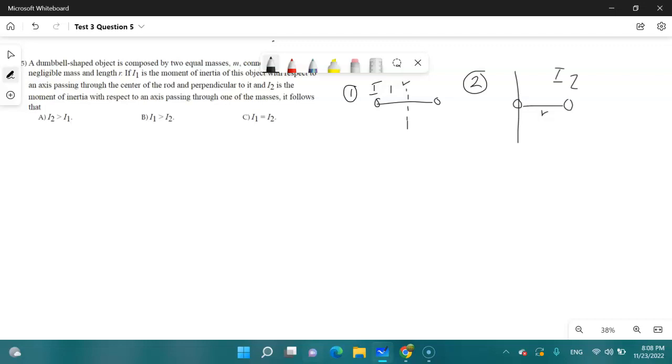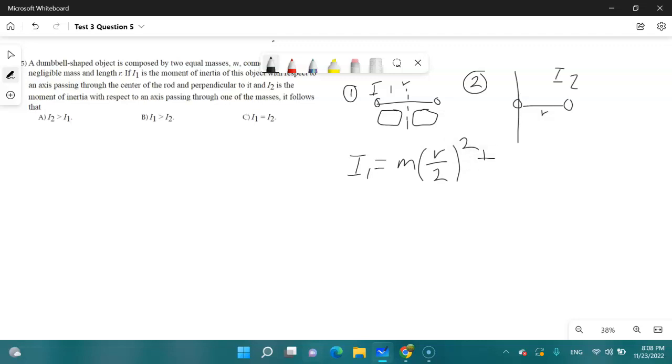So the first thing we can do is write an equation to see what is the difference between the inertia of the first situation and the inertia of the second situation. For I1, we know that the masses are equal. So we multiply the mass times the radius over 2, because the axis splits them into two halves, and then we square this value.